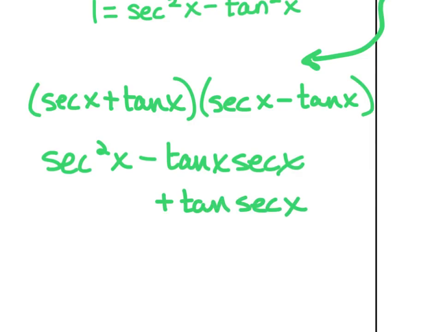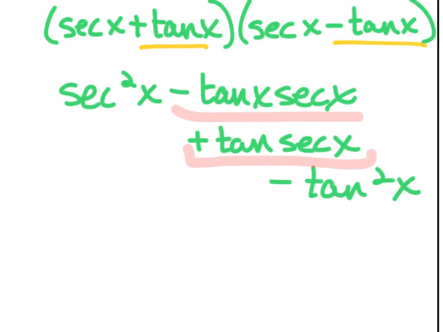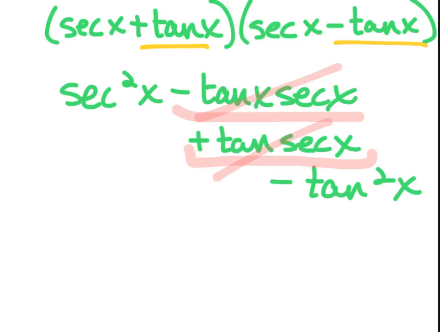And then the lasts, which is tangent of x times negative tangent of x, is going to be minus tangent squared of x. Do you notice that this term and this term, negative tan secant, positive tan secant, are going to cancel? And that whole thing becomes secant squared of x minus tangent squared of x.